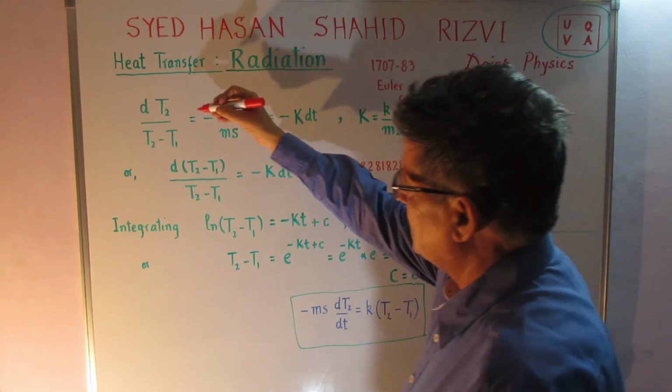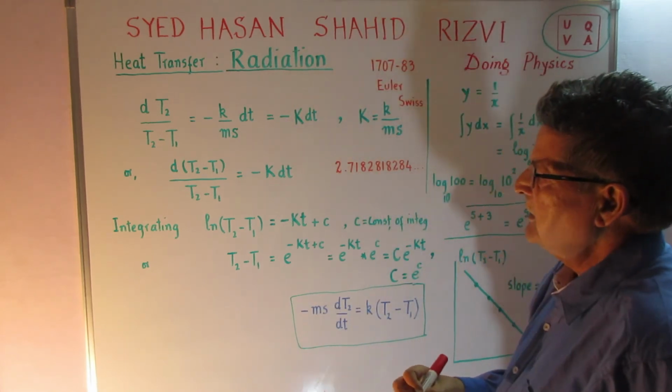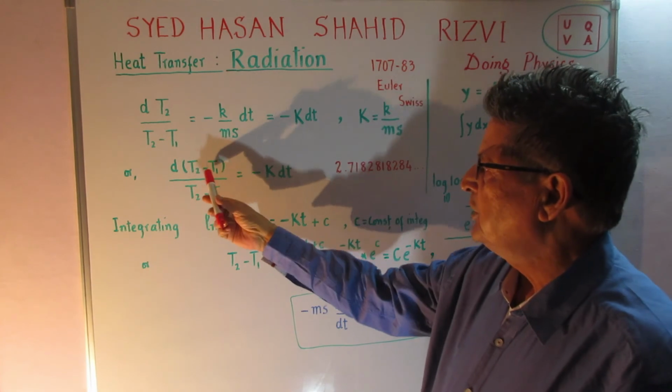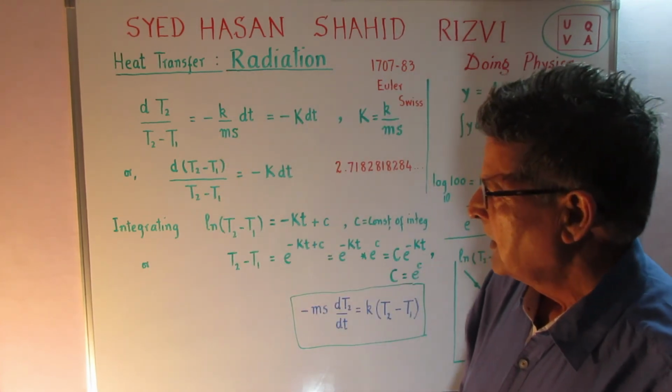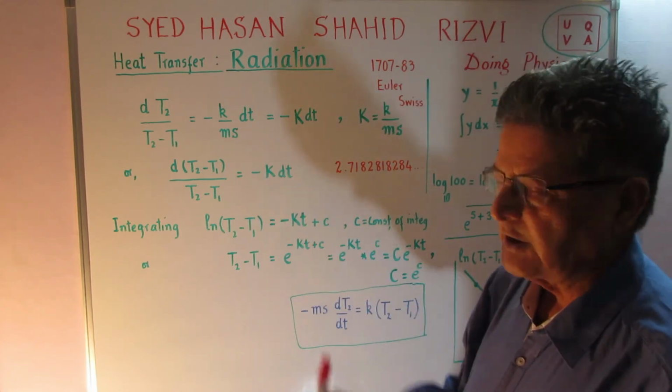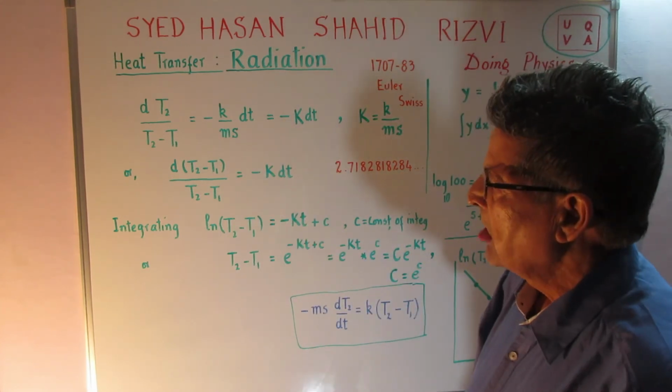Now from here to here, I change my variable to T2 minus T1, and I write d(T2 minus T1)/(T2 minus T1) is equal to minus K dt. Okay. Why?